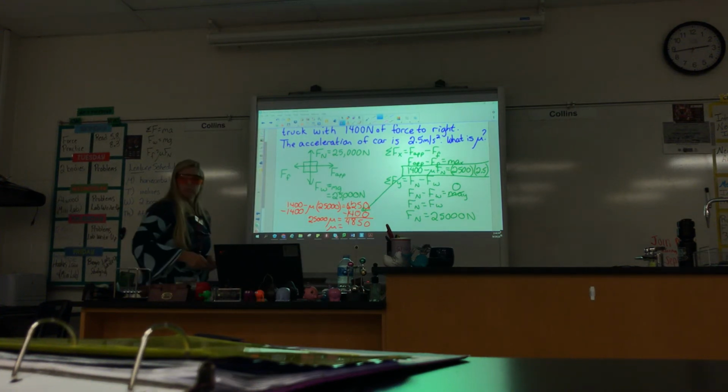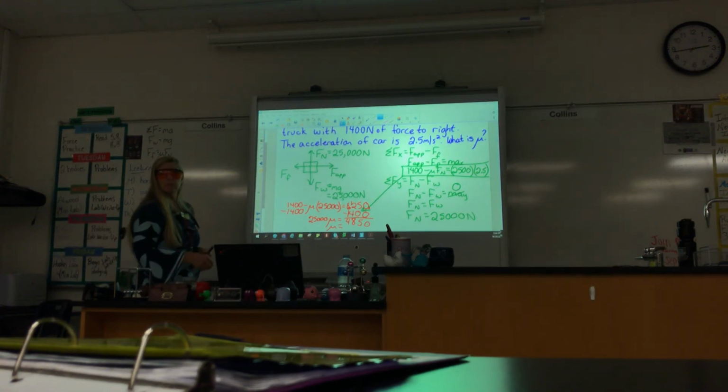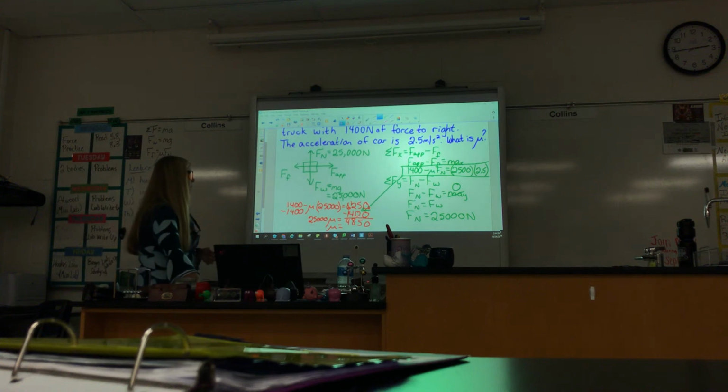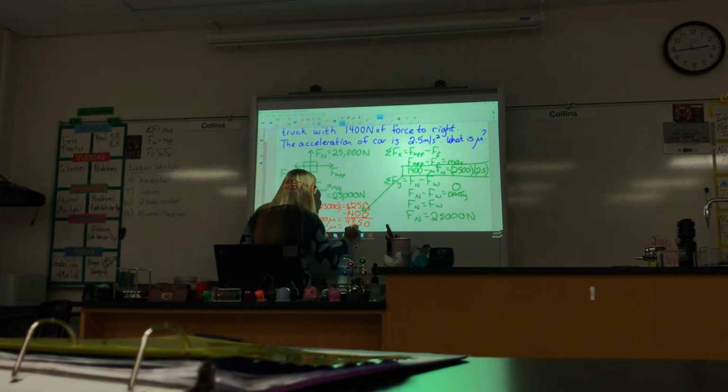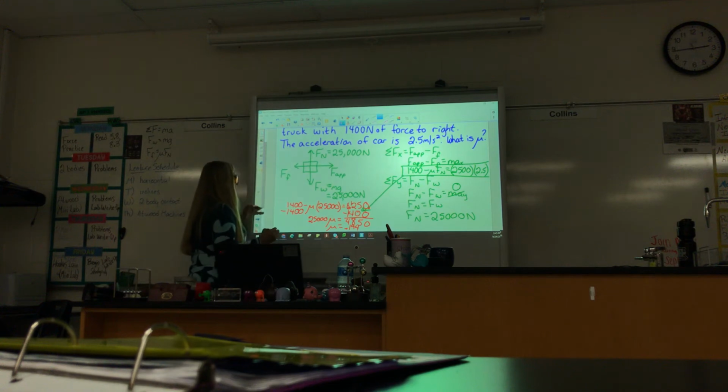We got an answer: negative 0.194, but I think it's positive 0.194. So I've got 4,850 divided by 25,000, 0.194. Negative 0.194? Where did your negative come from? The frictional force, we got negative.